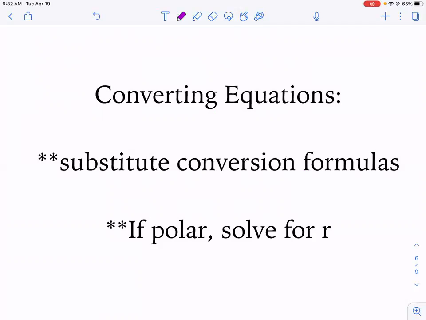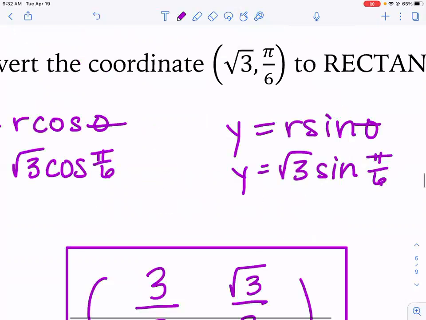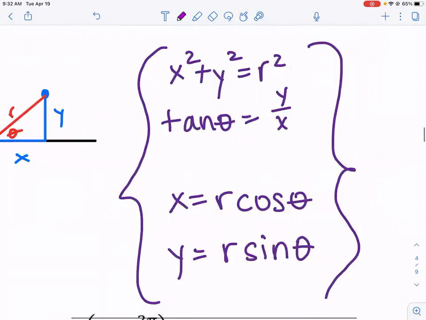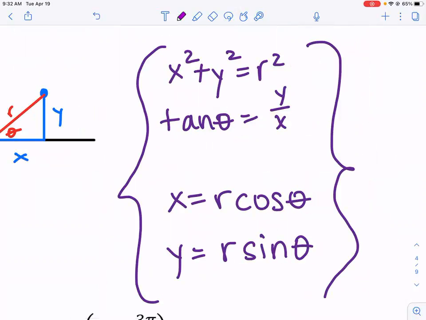But my suggestion, especially while you're going through your homework tonight, and then next week when you're reviewing, having these 4 conversions written at the top of your paper for reference would be a good idea. So how about I write them on the board so we have them right in front of our face? There we go.